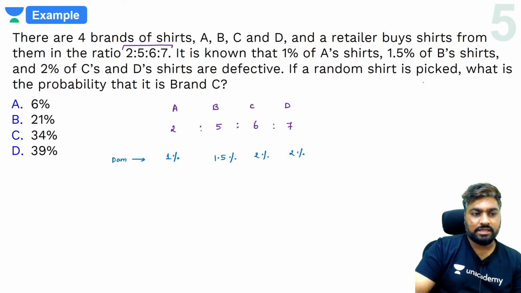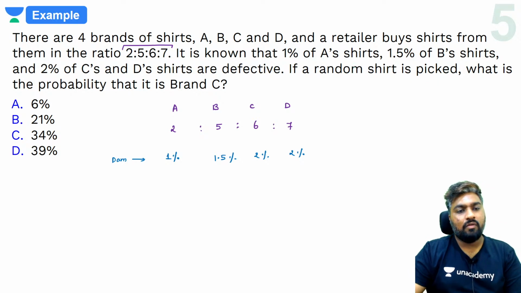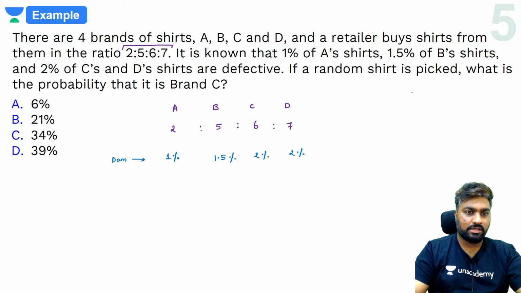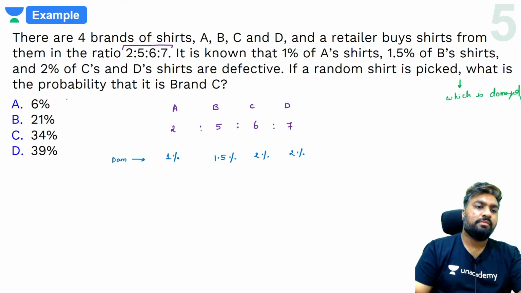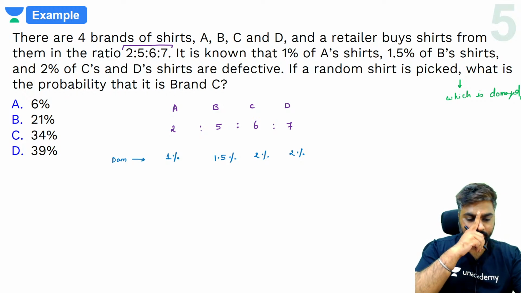If a random shirt is picked, what is the probability that it is damaged? Damaged होना जरूरी है, right? ये मैं भूल गया क्वेश्चन में ऐड करना. If a random shirt is picked which is damaged, what is the probability that it is of brand C?